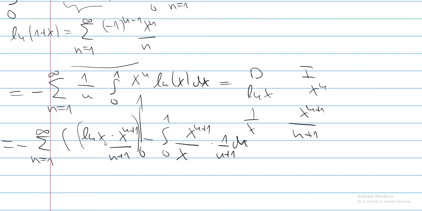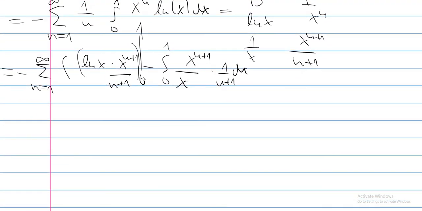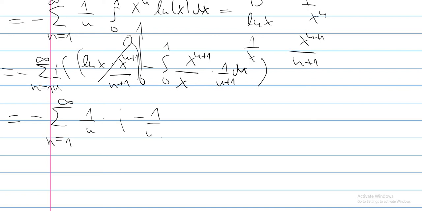As you can see, when we plug in 1, we will have ln of 1, which is 0, and at 0 the term is just 0, so this is just 0. And this part we can easily evaluate. We will have a sum going from 1 to infinity. I didn't write 1 over n. We will have 1 over n times, here we will have minus 1 over n plus 1 from here.